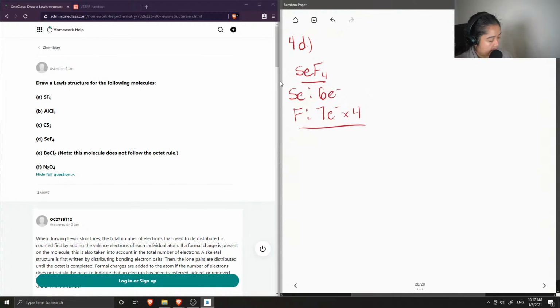So 28 plus 6 is 34. So let's draw selenium as our central atom, and the 4 fluorines all around, showing all of their lone pairs.